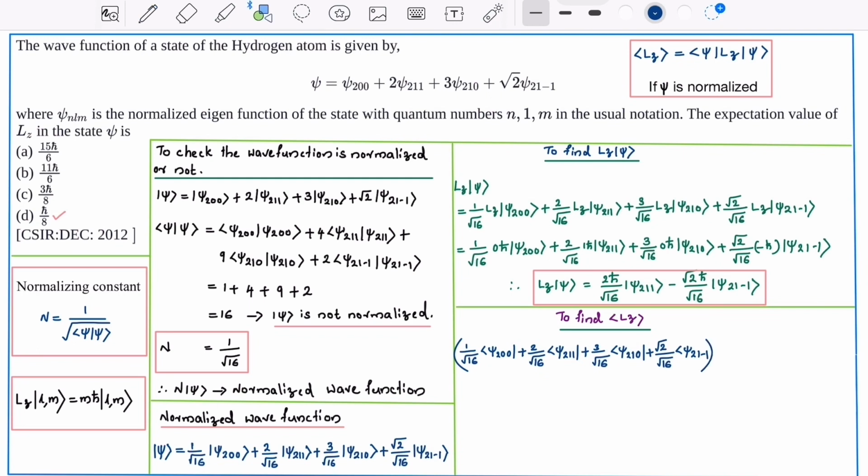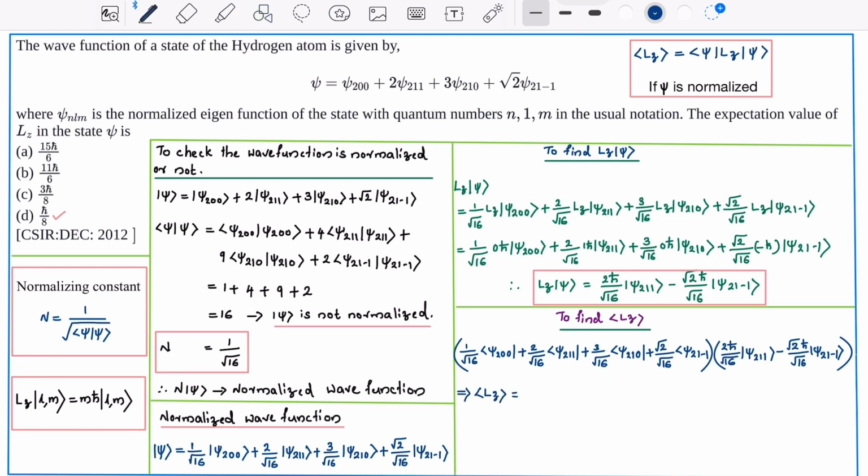Take the inner product of this with Lz psi. What is Lz psi? That is 2 h bar by root 16 psi 211 minus root 2 h bar by root 16 psi 21 minus 1. So when you take the inner product of the normalized wave function psi with Lz psi, we will get the expectation value of Lz in the state psi.